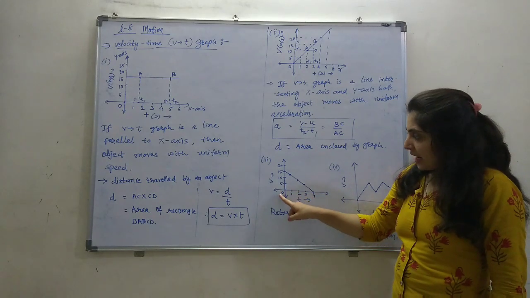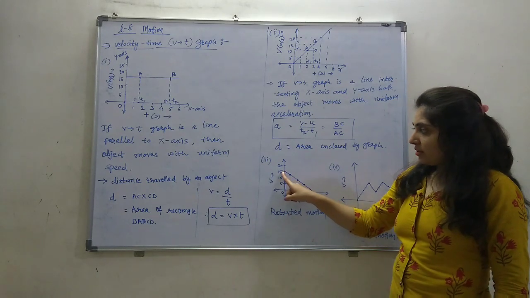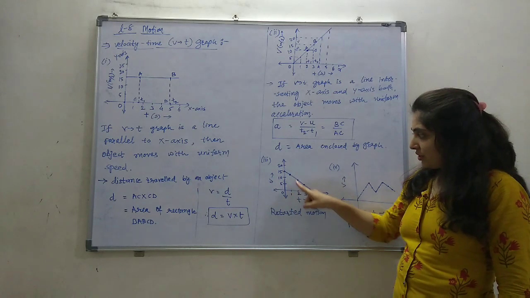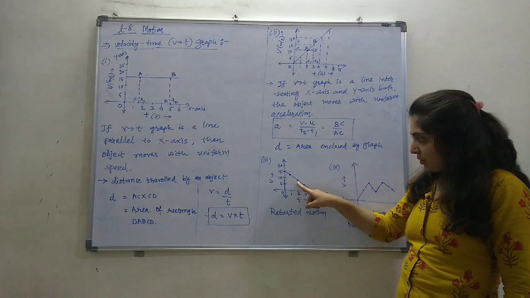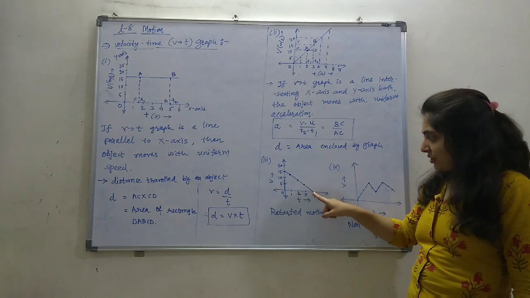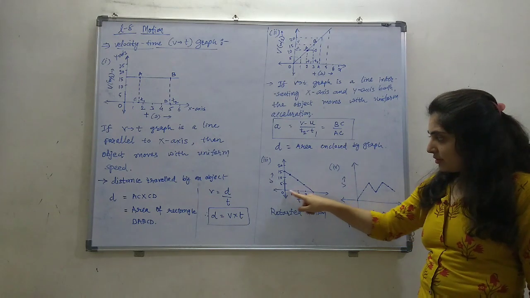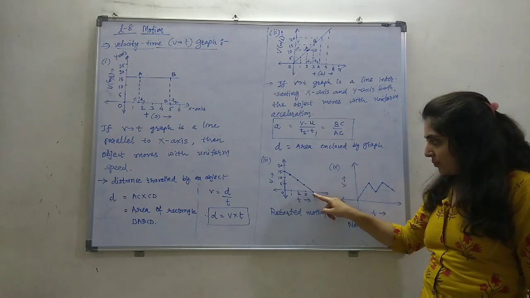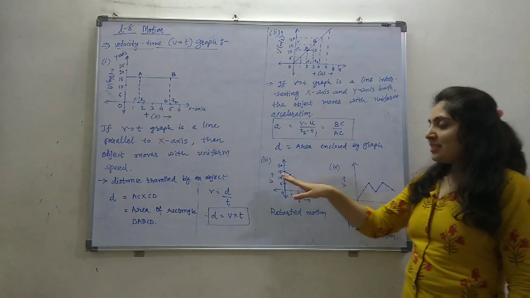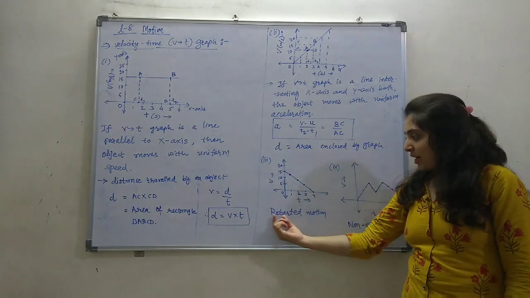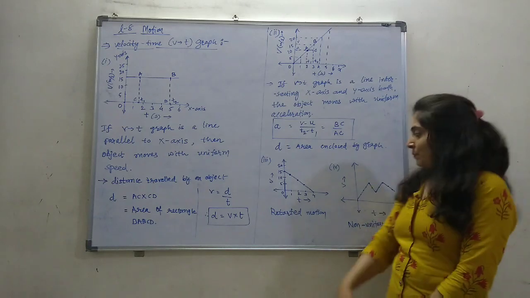At time t equal to 0, the object velocity is 50. At 1, the object speed decreases. At 2, the speed decreases. At 3, it decreases. At 4, the object velocity becomes 0 because the y-axis value becomes 0 here. It means that the speed decreases with time, and we call it retarded motion.